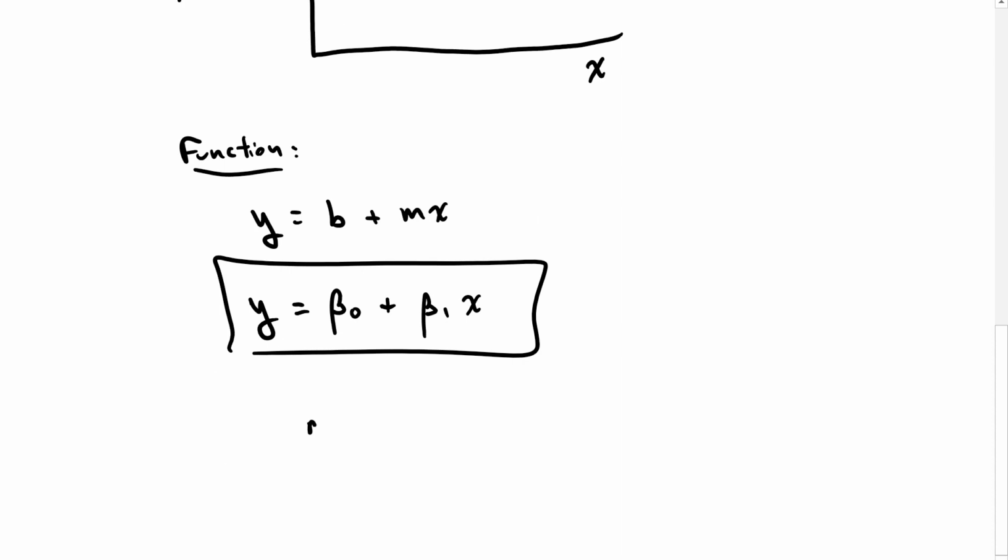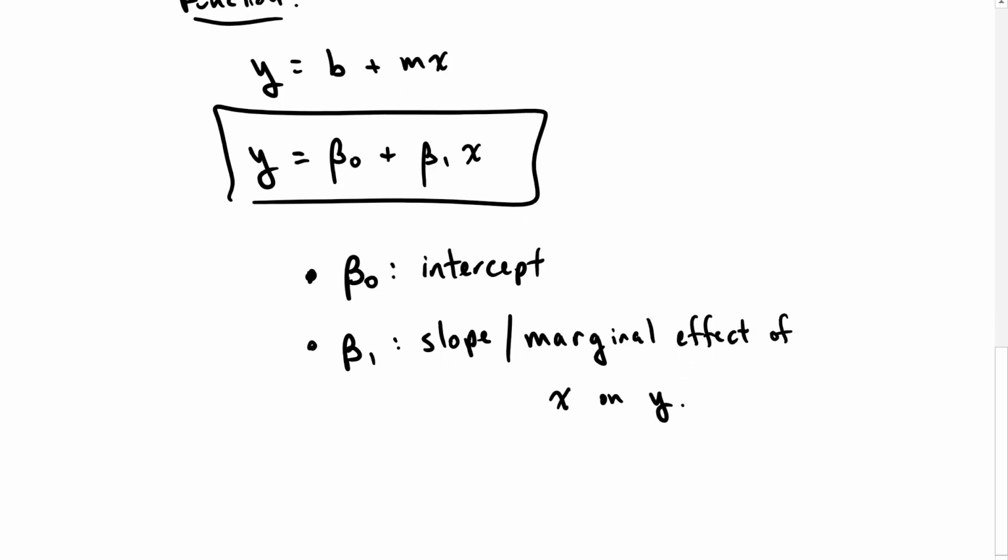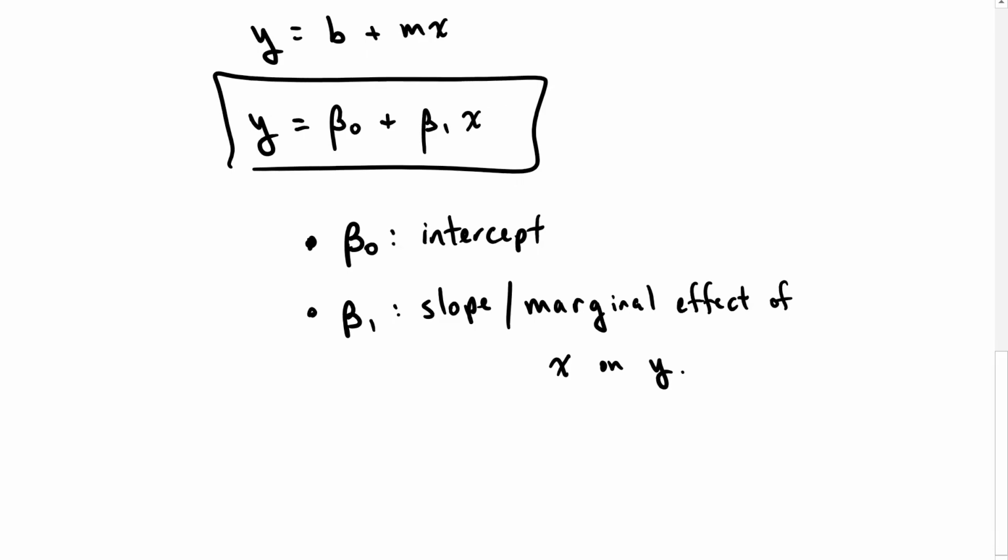The beta 0 is the intercept, and the beta 1 is the slope, or in our terms, the marginal effect of x on y. Sometimes also called partial effect.